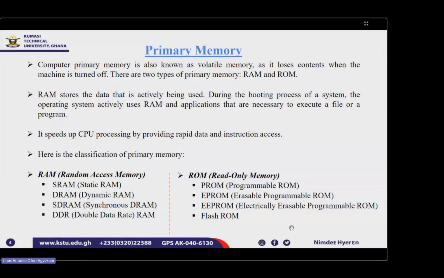Now, when we talk about the RAM in a computer, though I have already highlighted this, it stores data that is actively being used. So for instance, during the booting process of a system, the operating system actively uses the RAM.